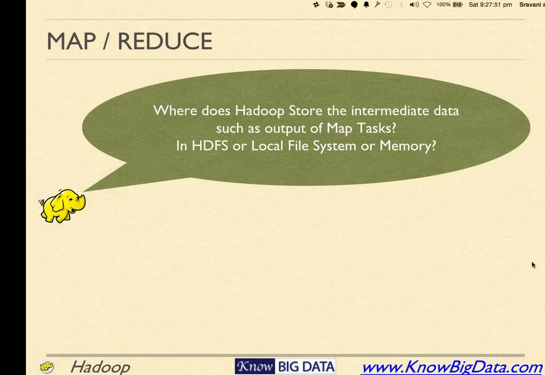If you remember, it cannot be completely in memory. Why? Imagine you have a big file and there are two blocks on a machine. That means at least 256 MB is going to get consumed, because each block is 128 MB.